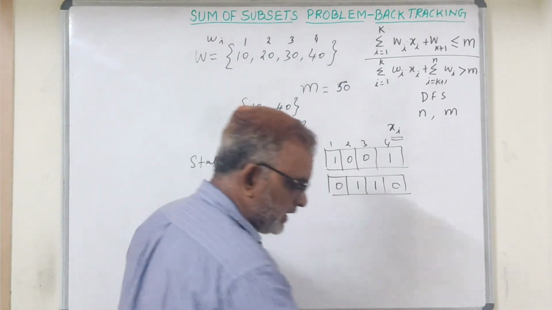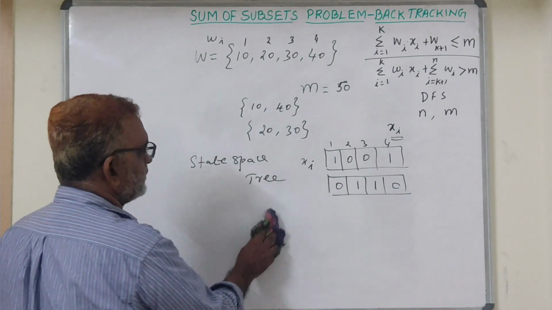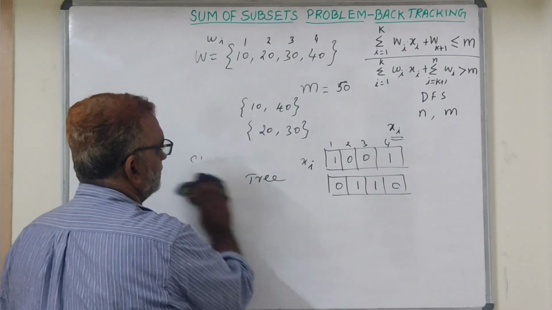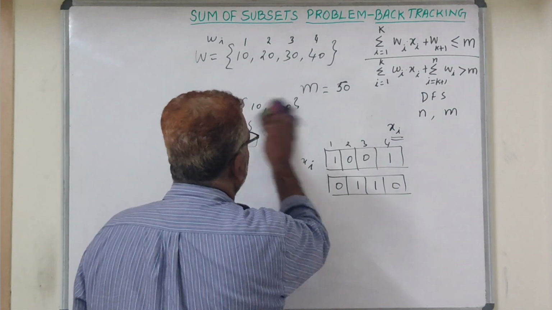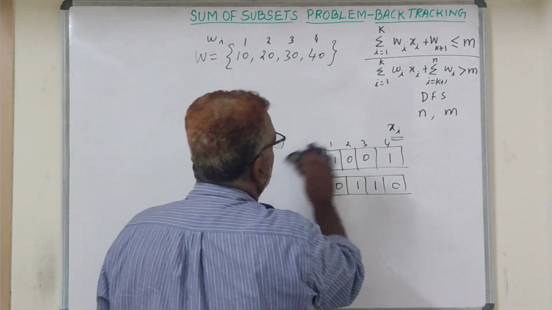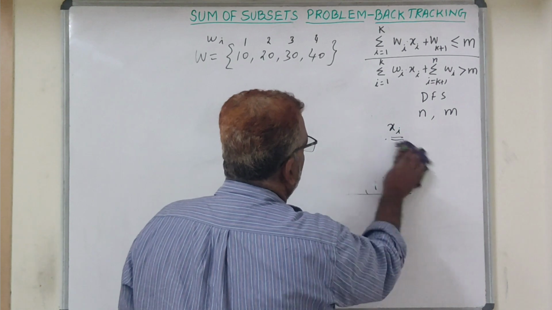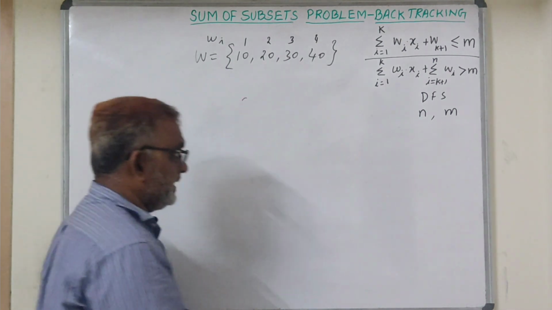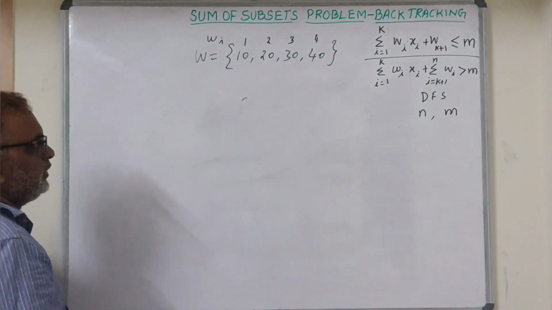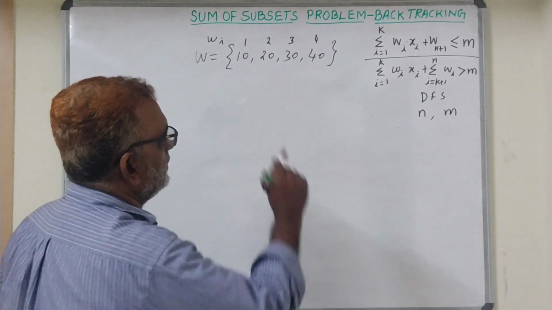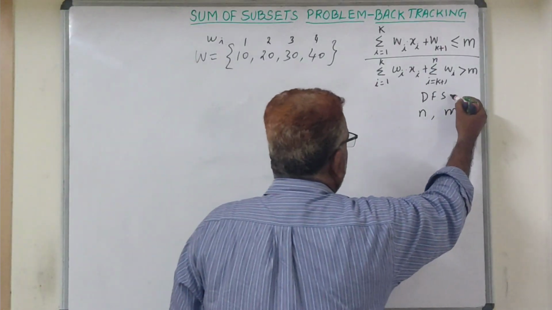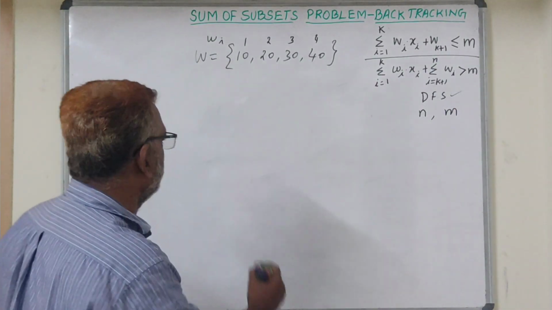Okay, let us see how to solve this problem using a state space tree. Especially in the state space tree, we are going to use the searching procedure called DFS, depth first search.